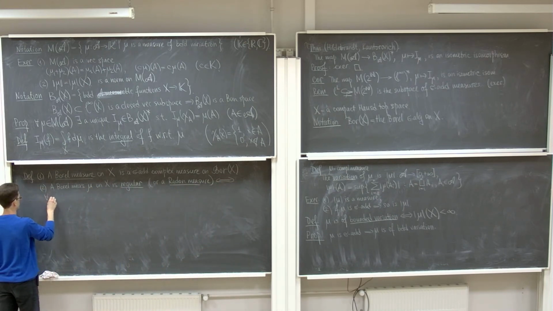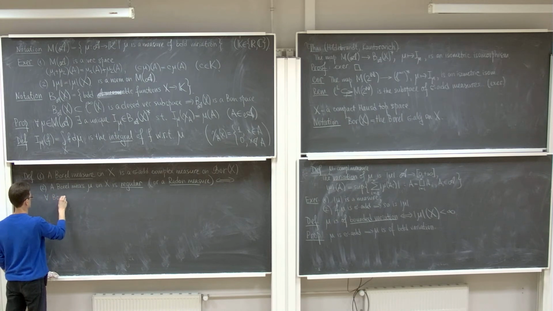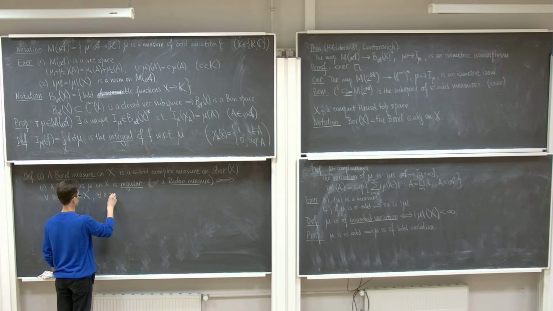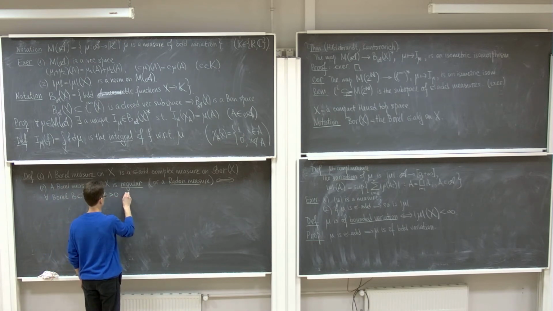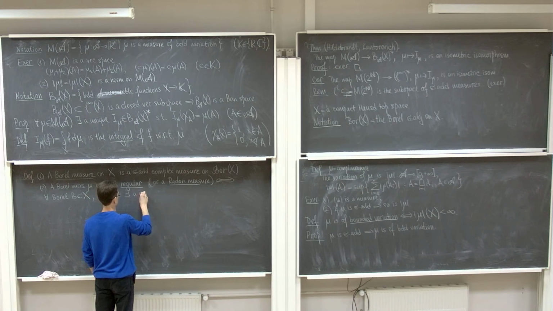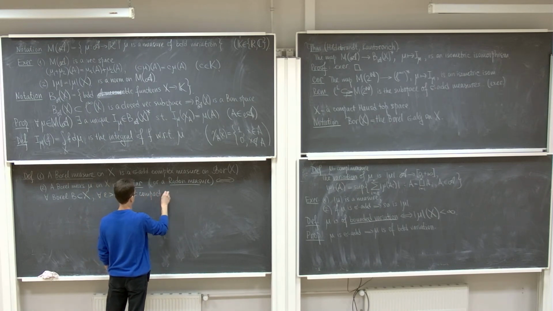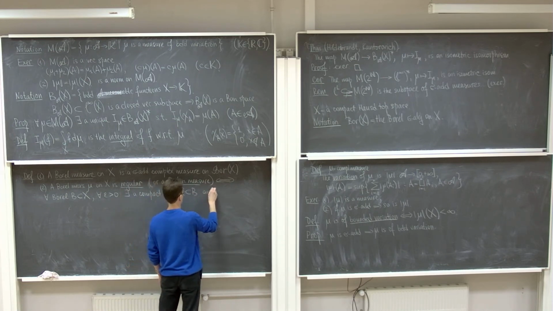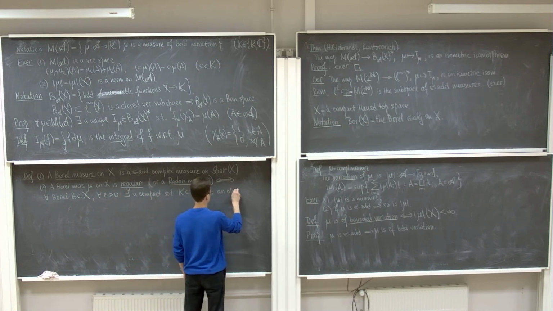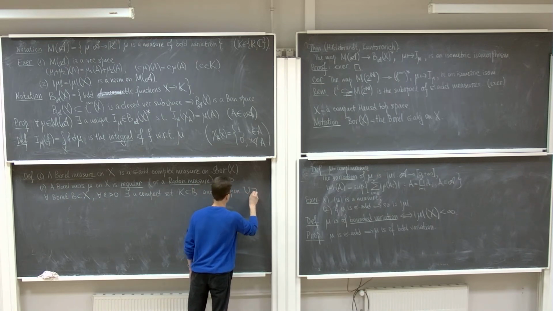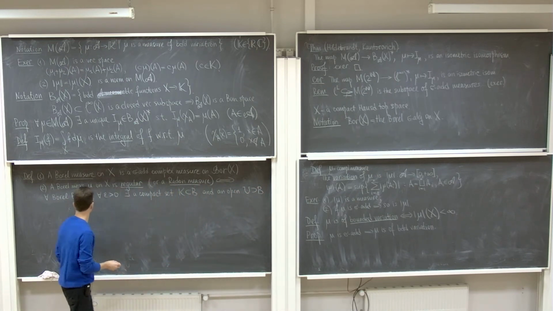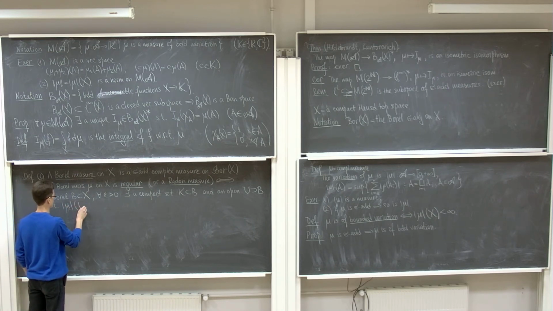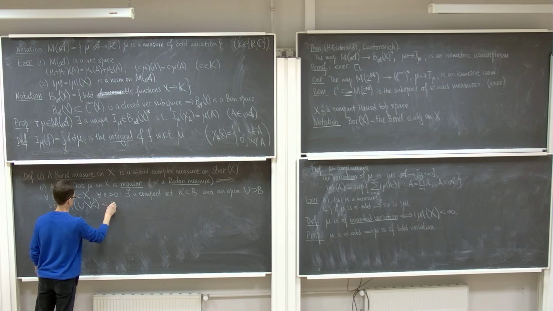For each Borel subset B of X, for each positive epsilon, there exists a compact set K contained in B and an open set U containing B, such that the variation of mu of U minus K is less than epsilon.